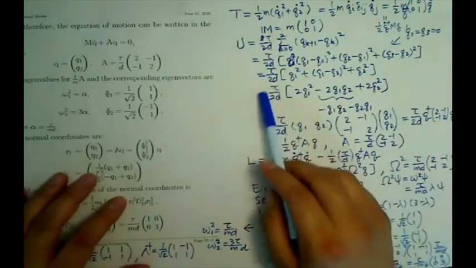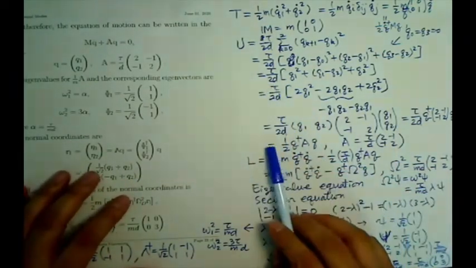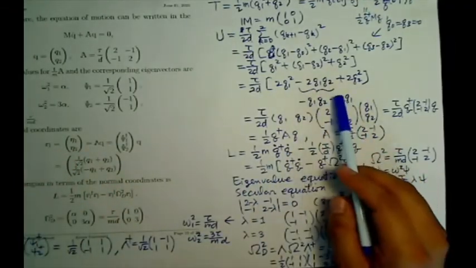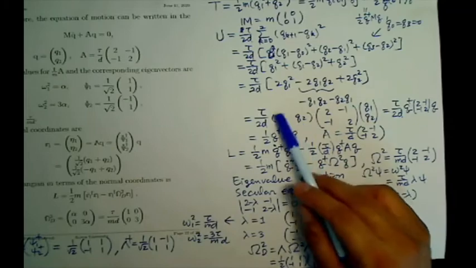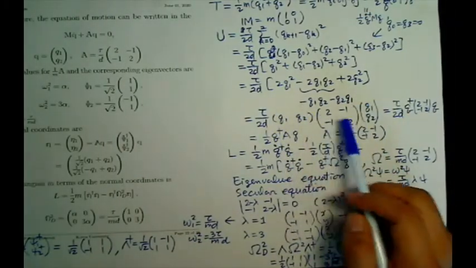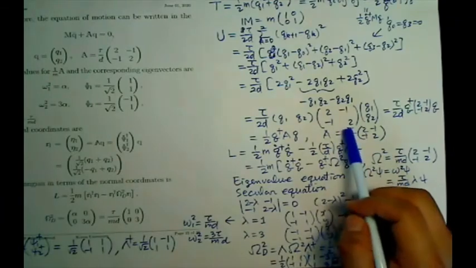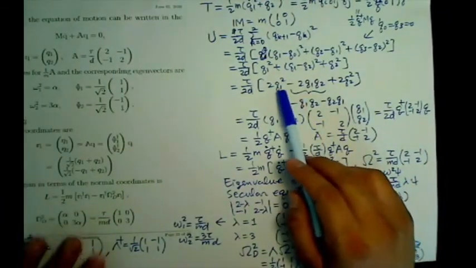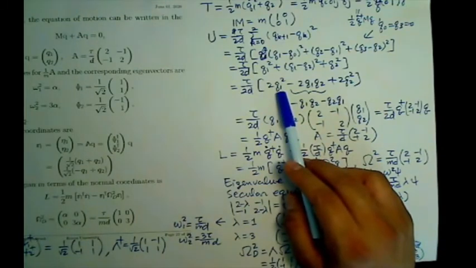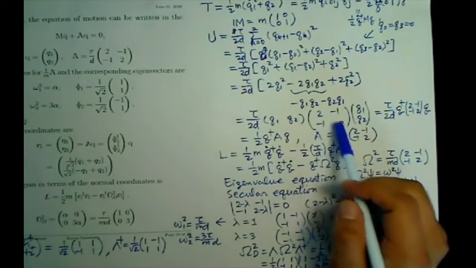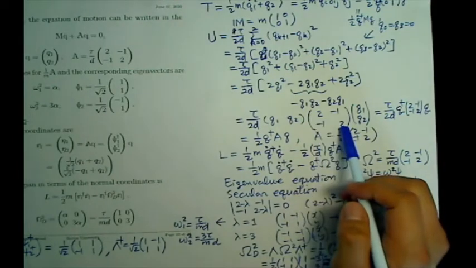We keep the original vector as it is, and we rewrite this as a product of a generalized coordinates column vector, a row vector, and the potential energy tensor. We know that q1 squared and q2 squared have a factor of 2.